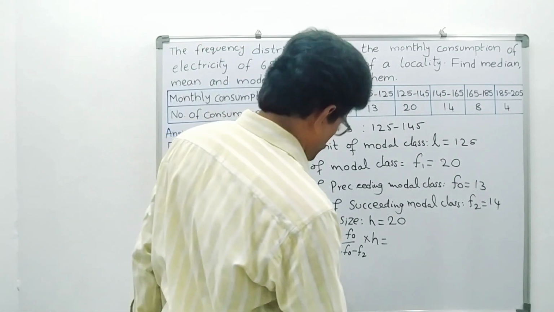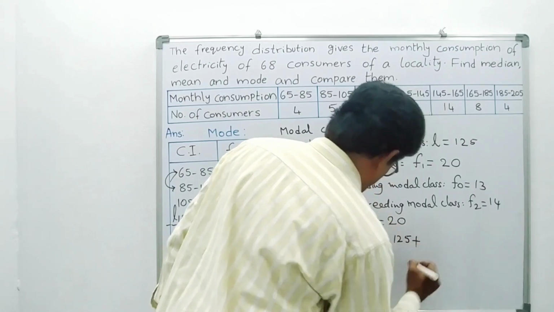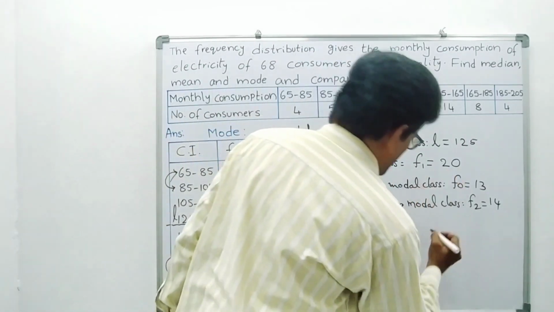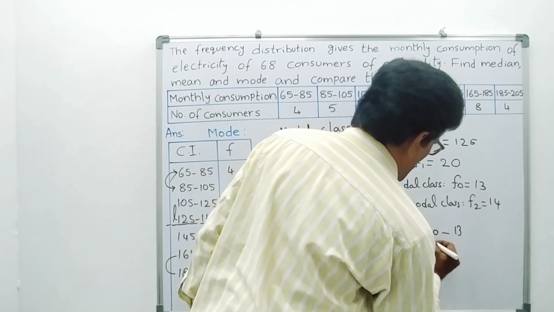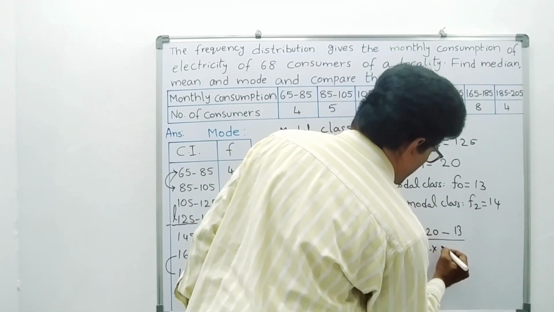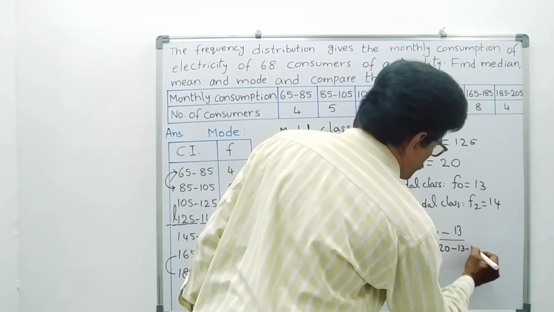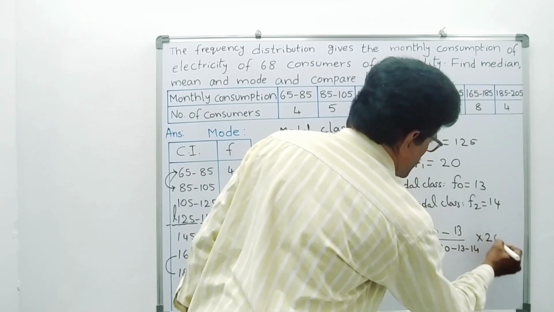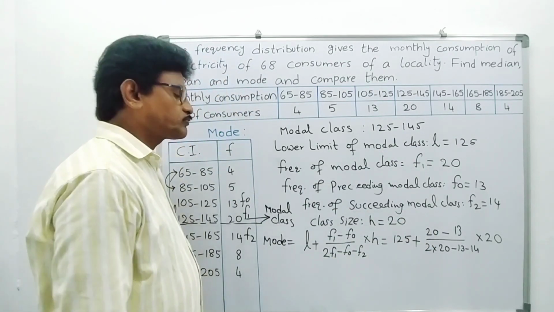Now apply the values. What is L here? 125 plus, now F1 is 20 minus F0, 13, by 2 into F1 which is 20, minus F0 which is 13, minus F2 which is 14, into H which is 20. So here just apply the values.